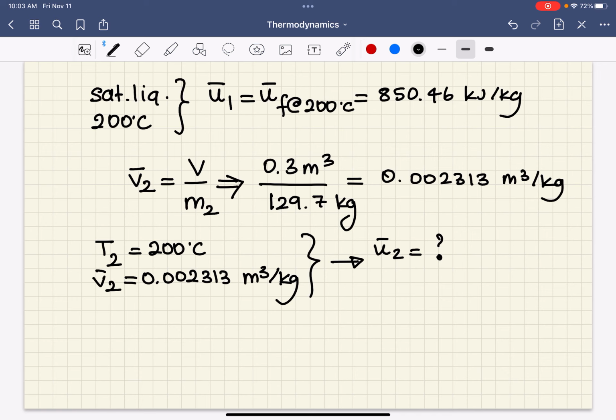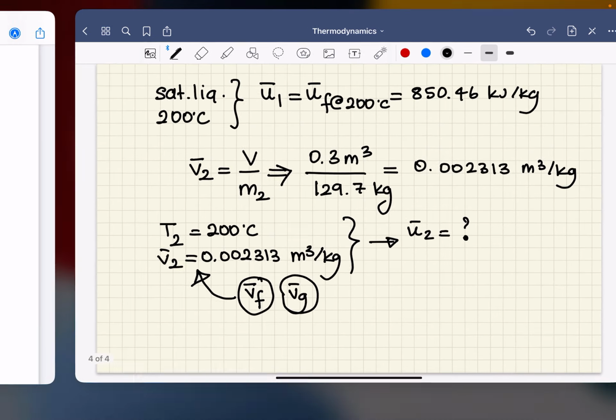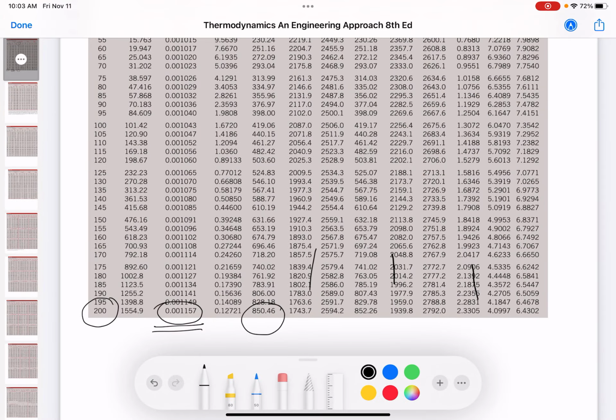At 200 degrees Celsius, what is Vf and what is Vg? And we need to compare our volume with that. So let's go at 200. This is Vf, this is Vg. And it looks like our volume is in between.